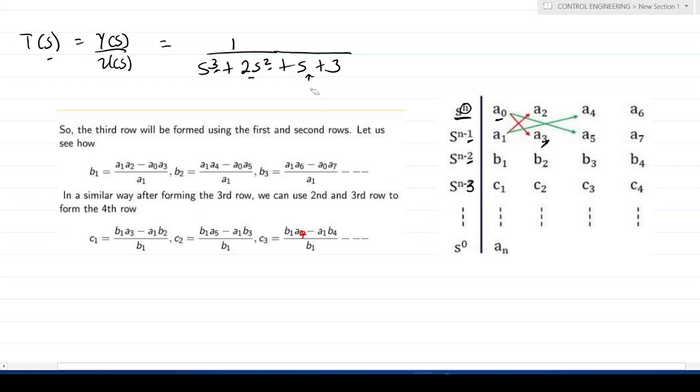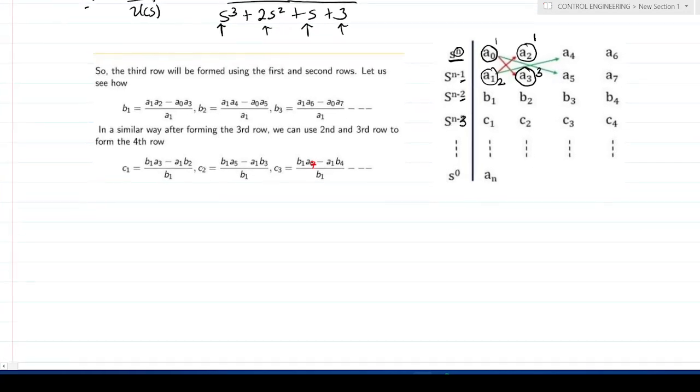Now, the a's are coefficients. a naught represents the coefficient of the first term, s cubed, and the coefficient is 1. a1 represents the coefficient of the second term, which is 2. a2 is going to represent the next term, 1. And a3 is going to represent 3.